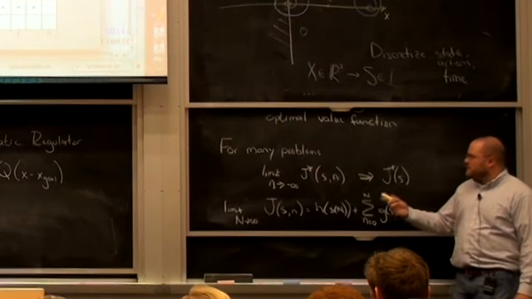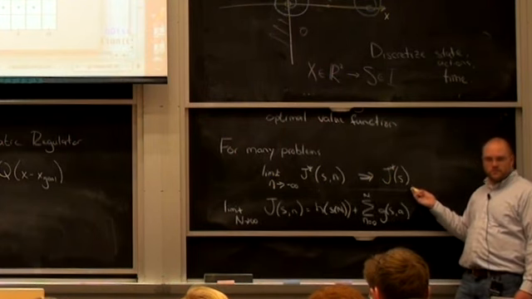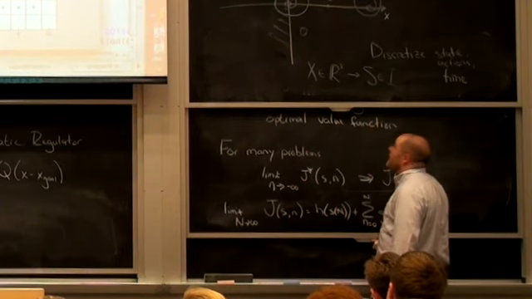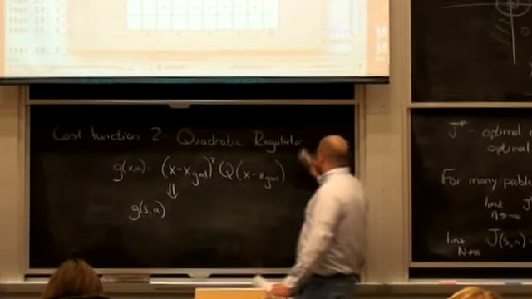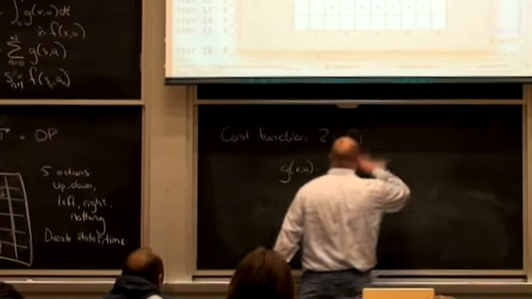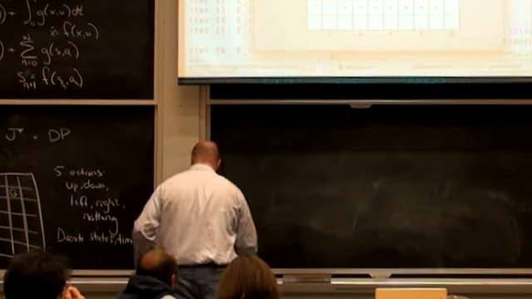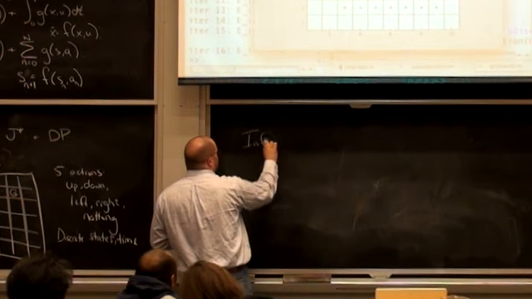But for a lot of problems, we do have this nice limiting behavior. And that gives rise to the infinite horizon problems. So far I talked about finite horizon, but a lot of problems we write as infinite horizon.